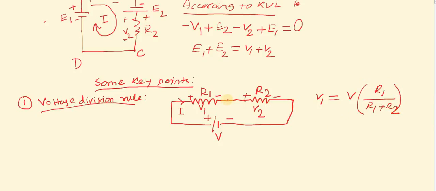So the voltage across a resistance is equal to the total voltage into the resistance of that particular branch divided by the sum of the two resistances.